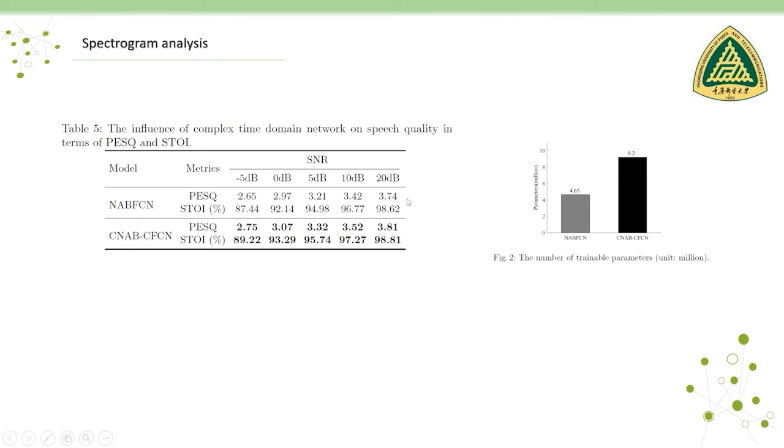Under the same scenario in table 5, it is seen that the proposed complex network outperforms its corresponding real one across all the input SNR. Due to the complex operator, the CNAB and CFCN also increase the model size over the NABFCN, which needs further comparison in real-time application.